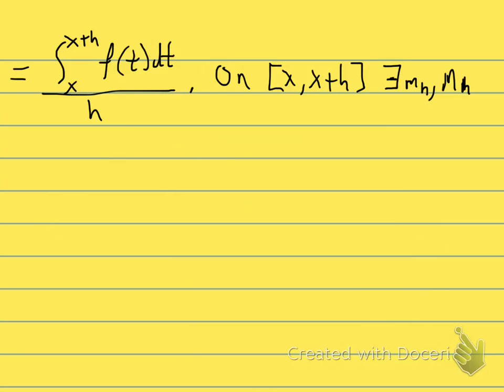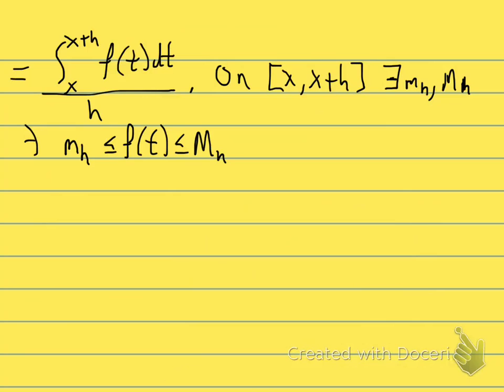Our function actually achieves those values at particular points in this closed interval. We use them to bound f of t, so our function is just between its min and its max.